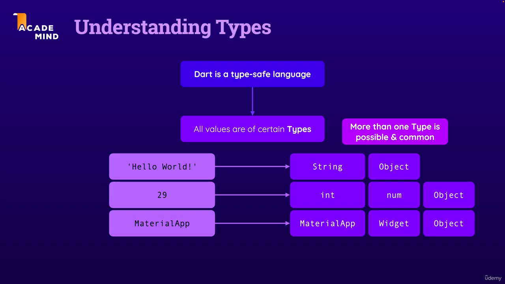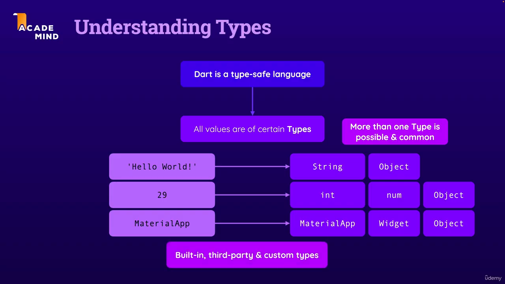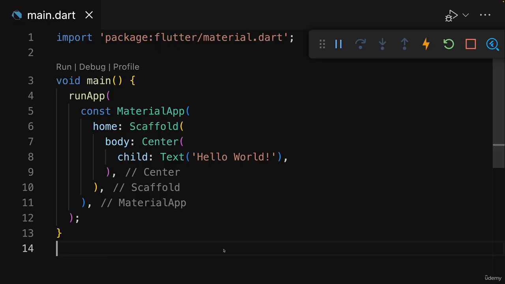Those types are either built into Dart, or provided by a third-party package, or provided by you when creating your own types, which you typically do implicitly. And in our application here, we're also working with types in a lot of different places. But why does this type feature even exist? Why does it matter that this text is technically of type string?